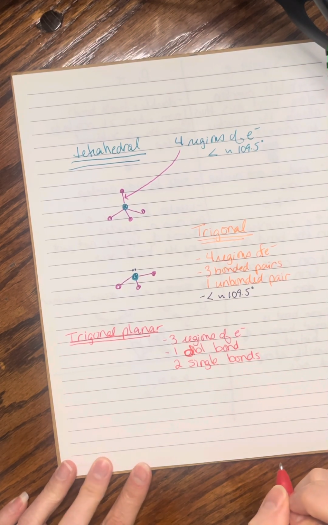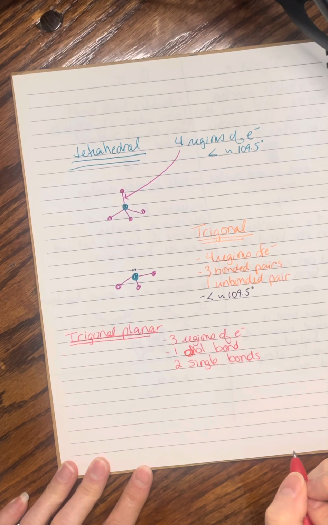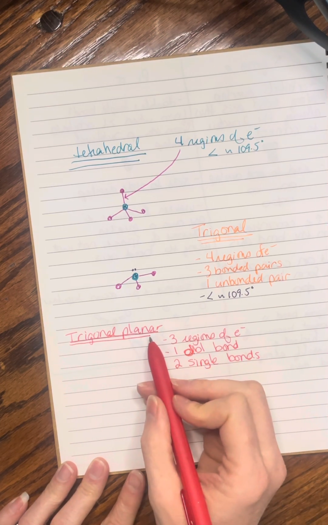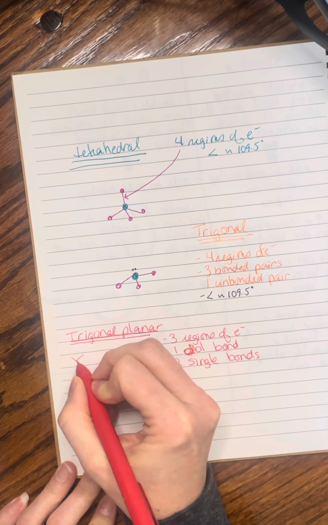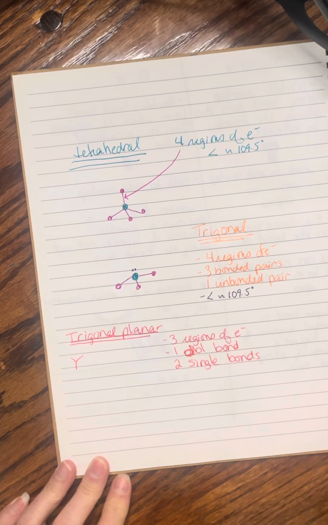Okay, so this one, as it says, it's going to be in the shape of a plane, and then just remember tri kind of means Y. Okay, it's gonna make a Y shape.